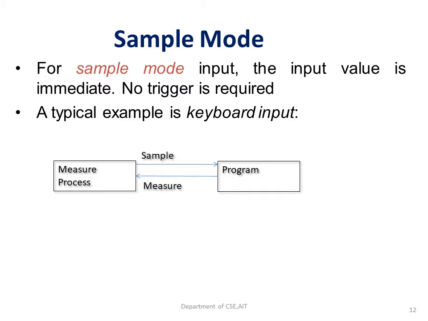As soon as the function call in the user program is encountered, a measure is returned. Hence, there is no trigger required here. In the sample mode, the user must have positioned the pointing device or entered the data using the keyboard before the function call, because the measure is extracted immediately from the buffer.